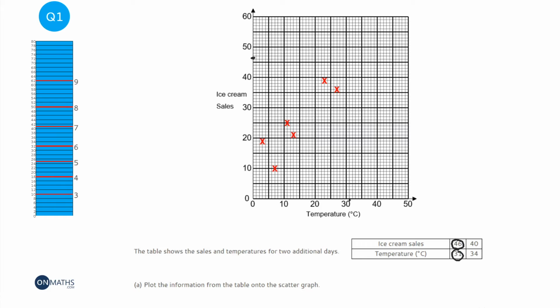Just check that you're looking at the scale correctly. So we're looking about here. Okay, next one, ice cream sales 40, which is here on the scale, and temperature 34, which is here. So we've just got to be careful, and it's about there. So those are the two plots that we want to take.